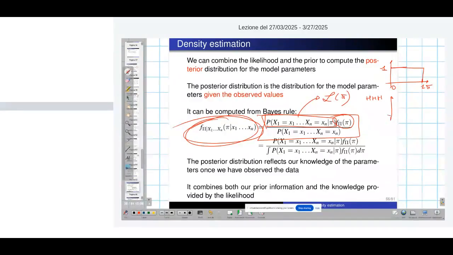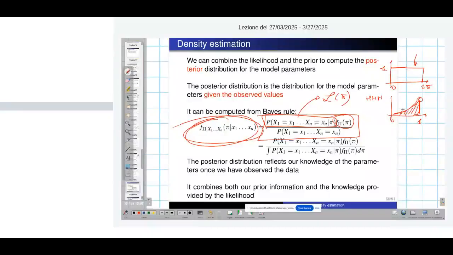When we observe 3 heads, we will revise our probability using the probability rules, and we would end up with something that will look similar to this. So that tells us that 1 is really the most likely solution, but I have a full distribution that describes other possible values for pi.